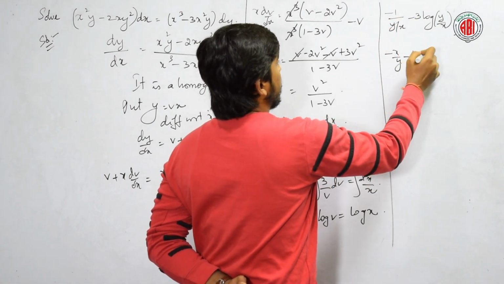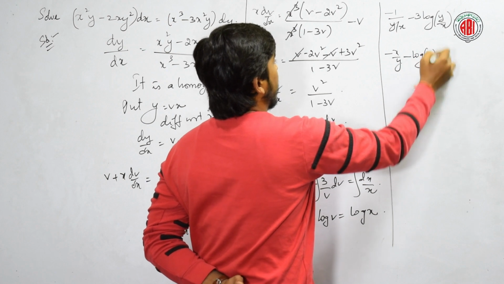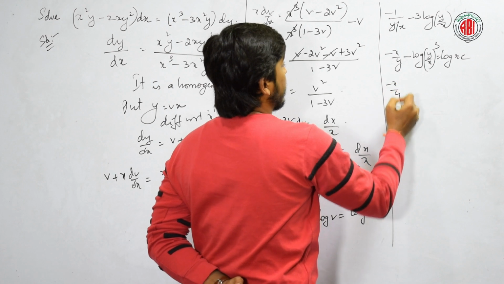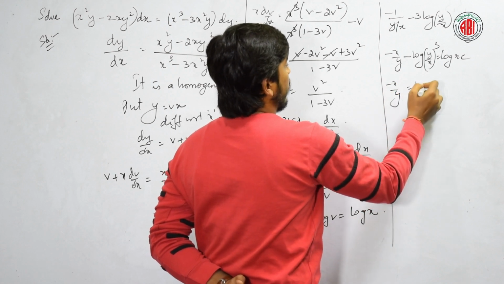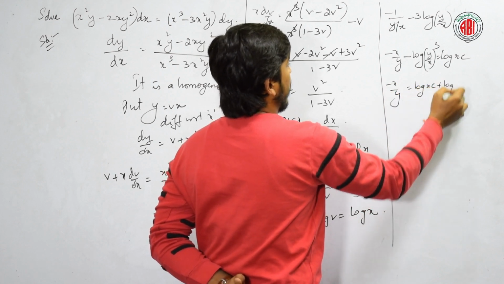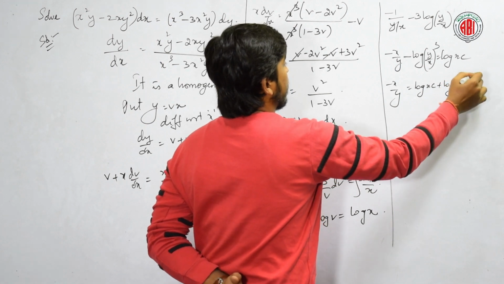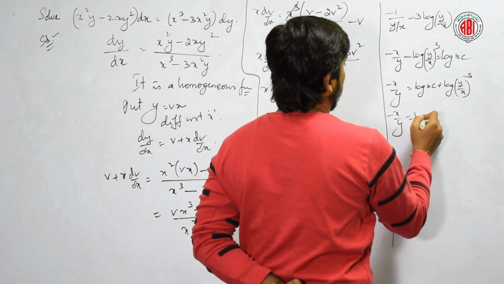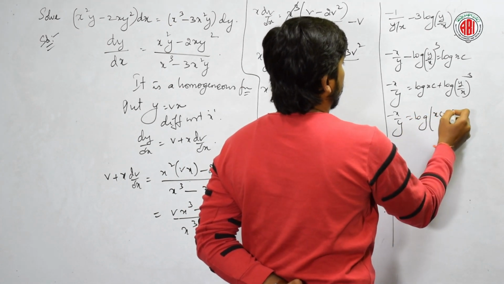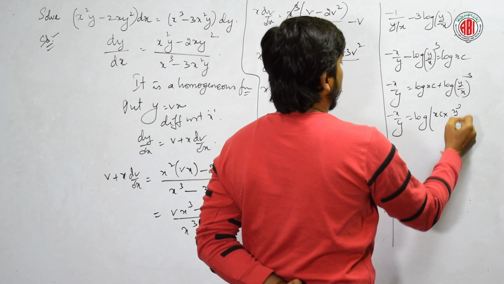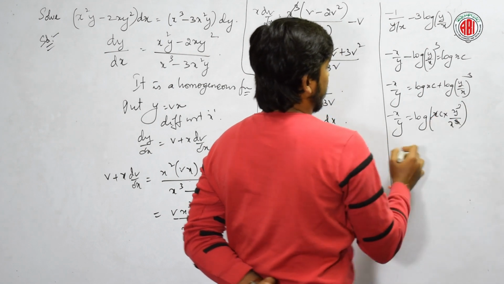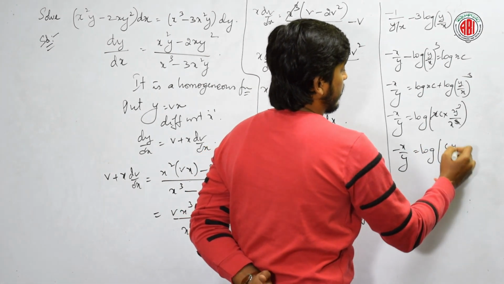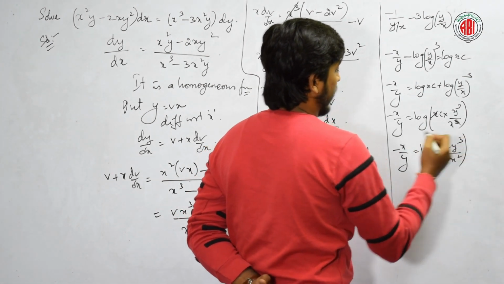Here minus log y by x whole cube is equal to log xc. Here minus x by y is equal to log xc plus log y by x whole cube. What can it be? Minus x by y is equal to log xc into y cube by x cube. x square. This will be minus x by y is equal to log cy cube by x square.